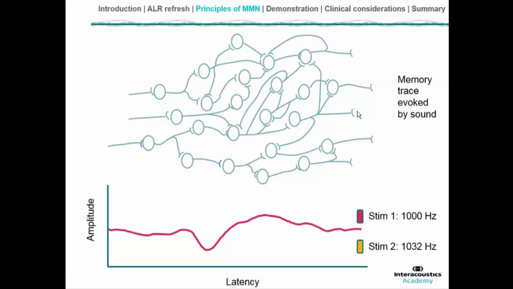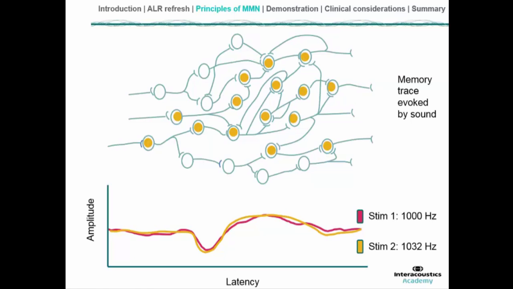Now we'll move on, because I'd like to show the memory trace to stimulus 2, that's the 1032 Hz sound. Once again, just to remind you, this is not the oddball paradigm, but the straightforward serial presentation of a 1032 Hz sound. So here we have once again the ALR, slightly different but very much overlapping the yellow trace with the earlier one, and we have a memory trace which is again ever so slightly different to the 1032 Hz sound compared with the 1000 Hz.